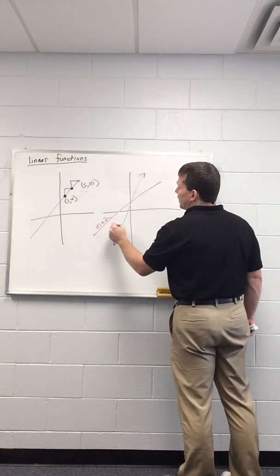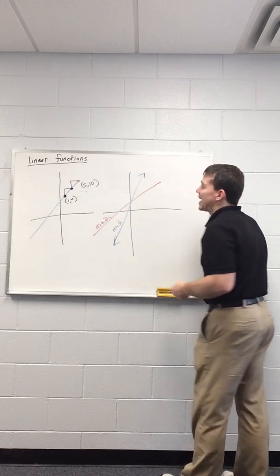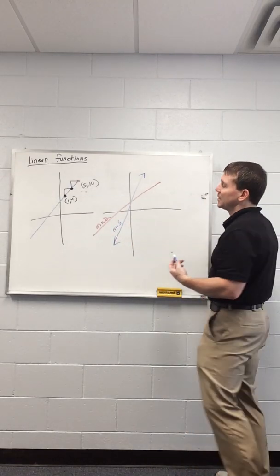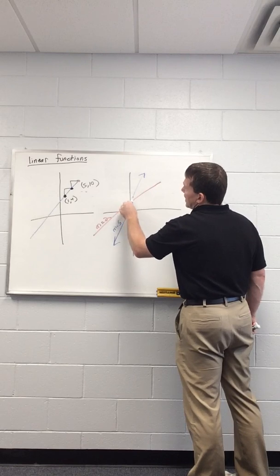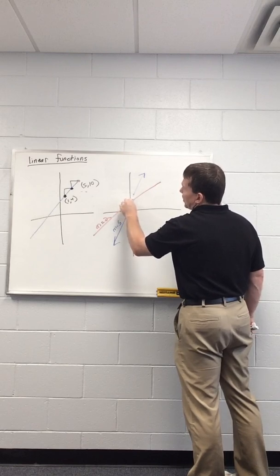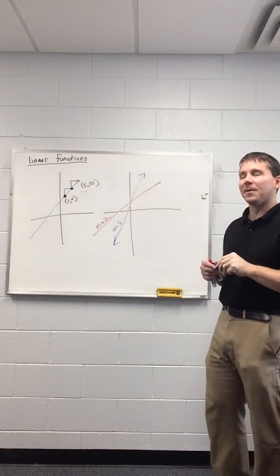So maybe the slope of this would have to be bigger. We'll say it's 5. I'm just making those numbers up. But the point is, since the blue one is steeper than the red one, the blue one has to have a bigger slope.